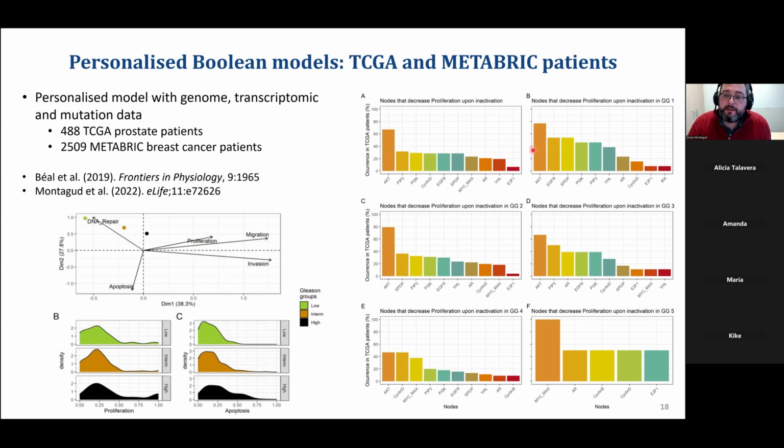You can see that there are some common, let's say, druggable targets or wishful druggable targets like AKT or cyclin D or SPOP, etc. But some of them are a bit different from one group to the other. For instance, MYC/MAX only comes into the picture starting with Gleason 2-3, and then in Gleason 5 it is the tough hit to be inhibited if you don't want proliferation in these tumors.